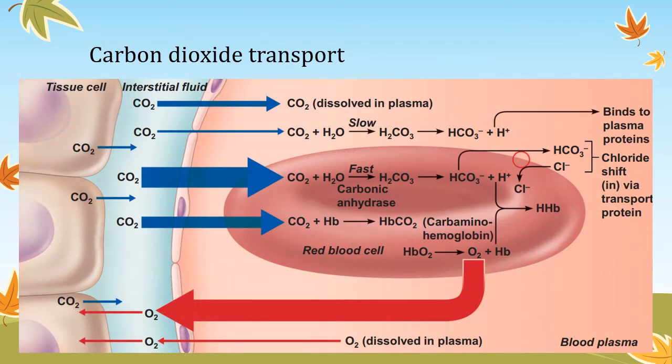Now let's talk about carbon dioxide transport. Before we move on, I just want to remind you again that oxygen transport has two ways of getting to specific areas in the body. The first is that it dissolves in the plasma, which is the fluid part of the blood.